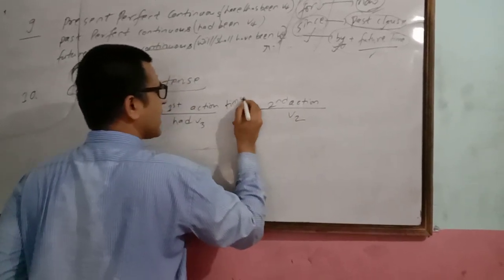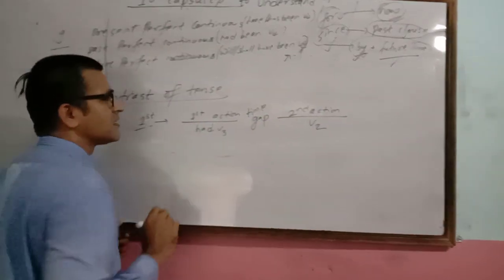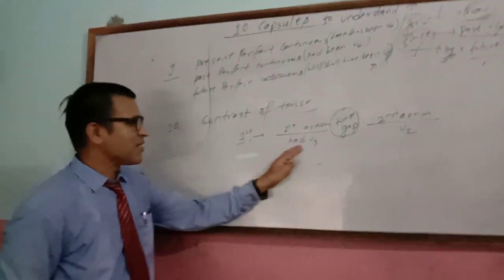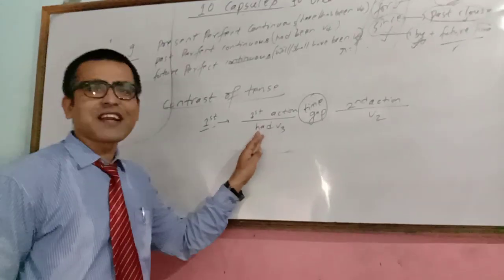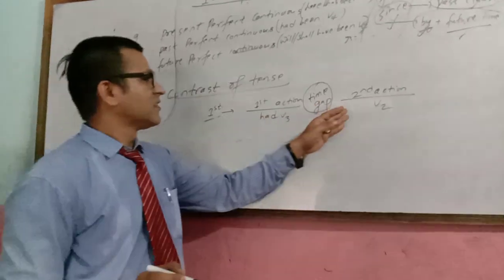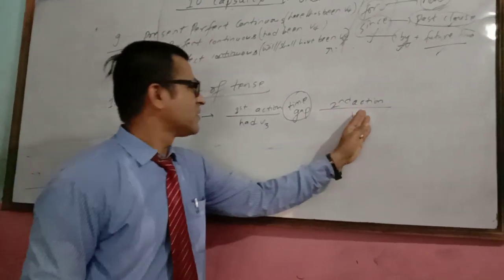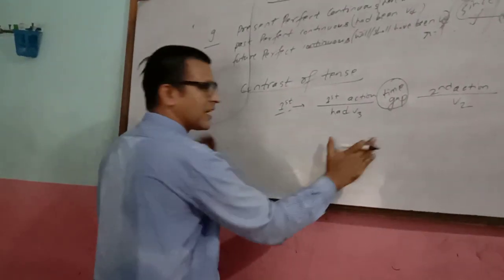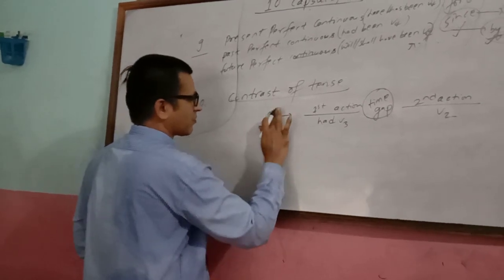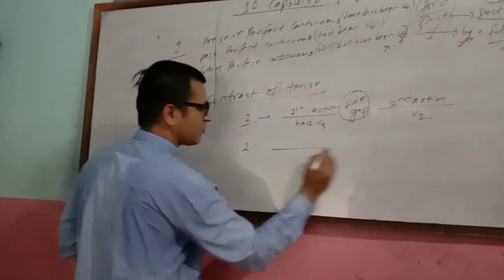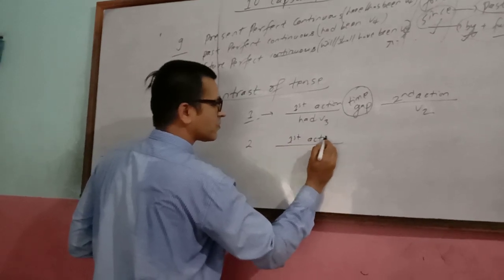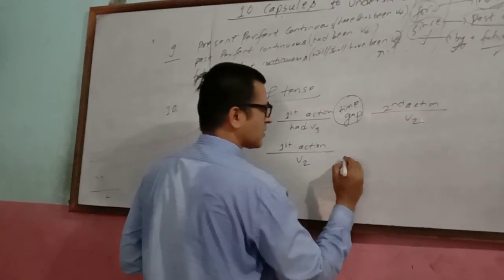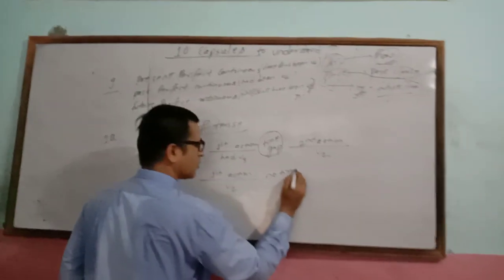If there is a time gap, means if 2 clauses come together with a time gap, first action had V3. For example, the thieves had already run away before the police arrived, right? So this is the thing. So first action, second action also V2, no time gap.